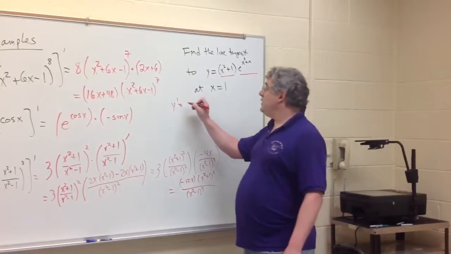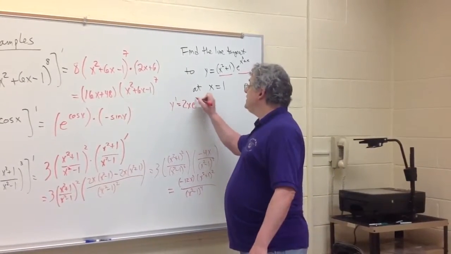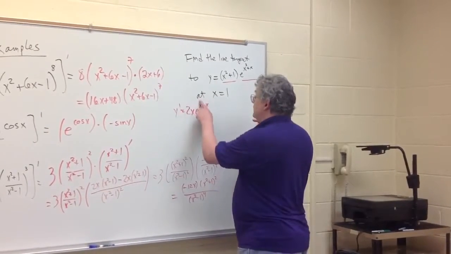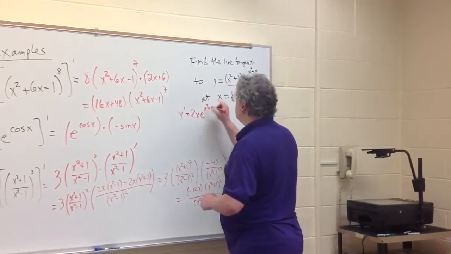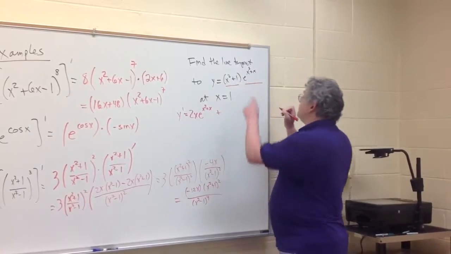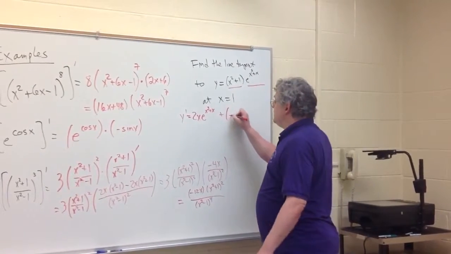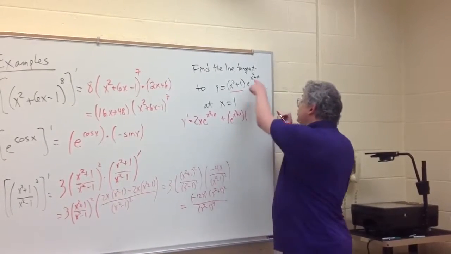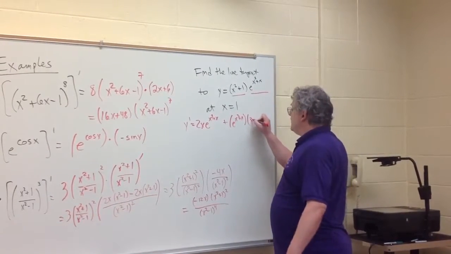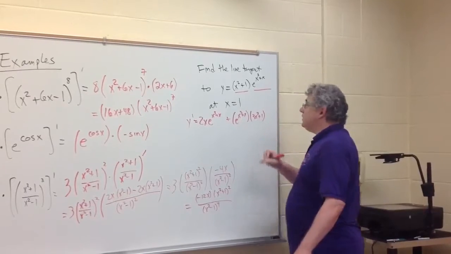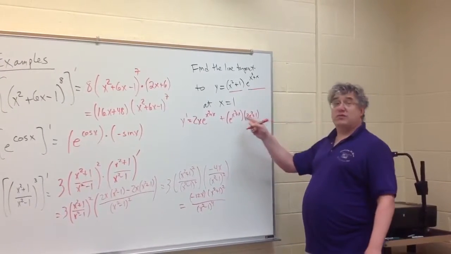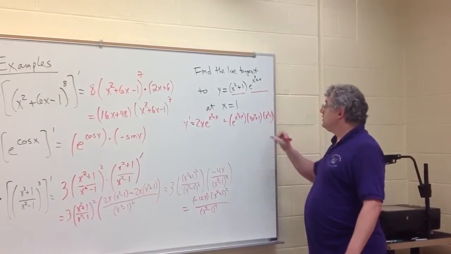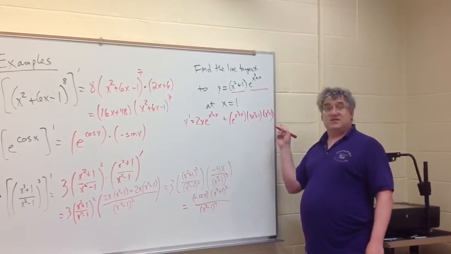So the derivative of the first one times e to the x squared plus x cubed, excuse me, plus the derivative of the second one, which is e to the x cubed plus x times its derivative, which is 3x squared plus 1. And now you think, okay, I'm done. But no, that's just the derivative of the second one times the first one. It's messy. It's very messy.